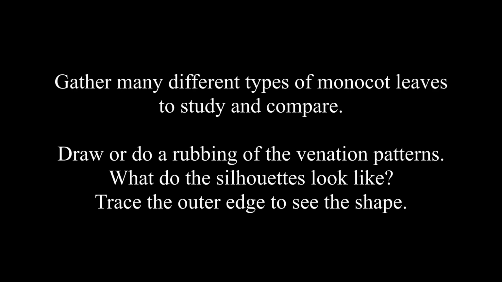Next step in your journal: gather many different types of monocot leaves to study and compare. Venation is how the veins branch. Draw or do a rubbing of the venation patterns. Shape: what do the silhouettes look like? Trace the outer edge to see the shape.